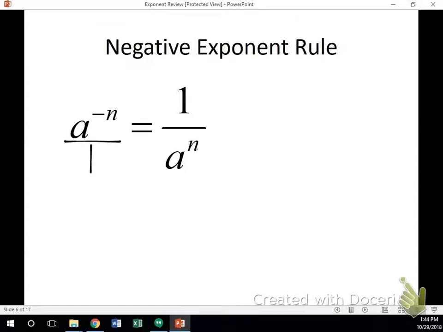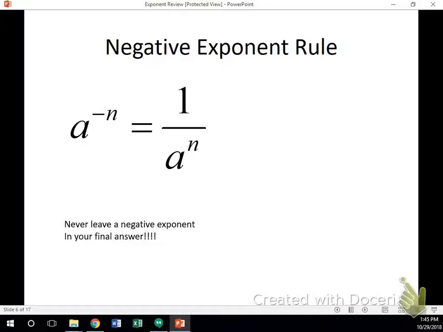A 1. So when we want to make this exponent positive, we take this whole thing and we move it into the denominator, or the bottom of a fraction. When we do that, in this case, the only thing that would be left in the numerator is a 1. That won't always be the case. Sometimes there will be other things in the numerator that will stay there.